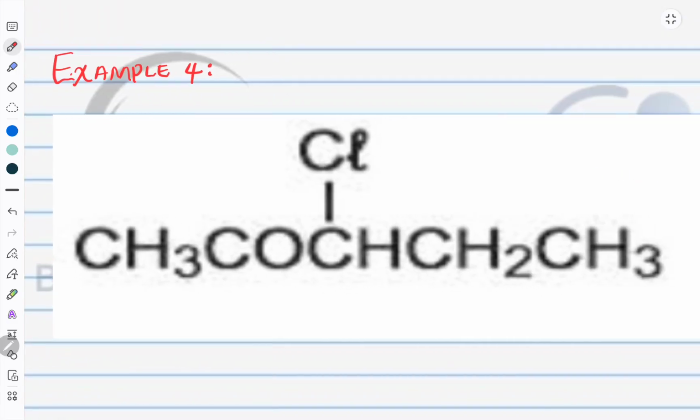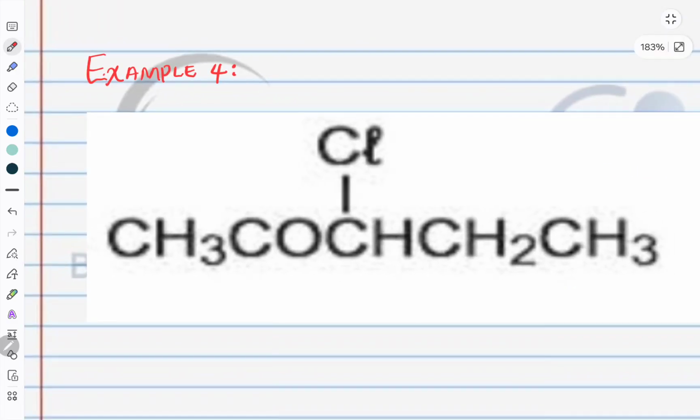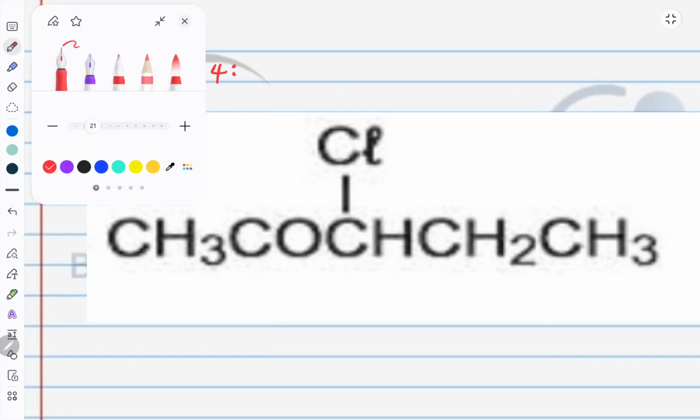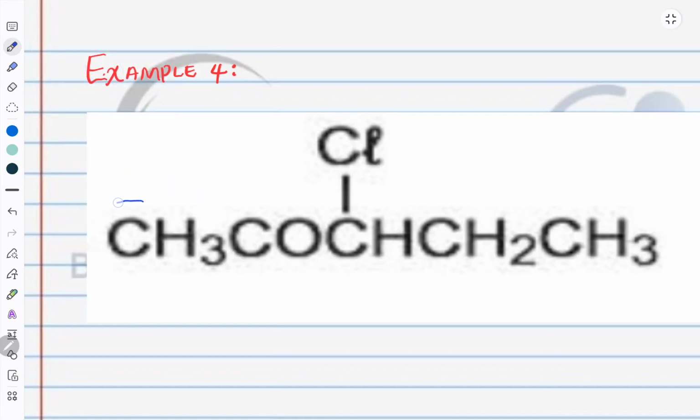Okay, so now let us check this example. We have a condensed structural formula, right? And here there are no branches or anything, so the chain is just a straight chain. So I can go ahead and just mark it like this, 1 and all the way there.